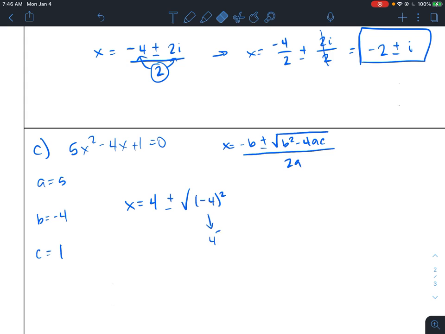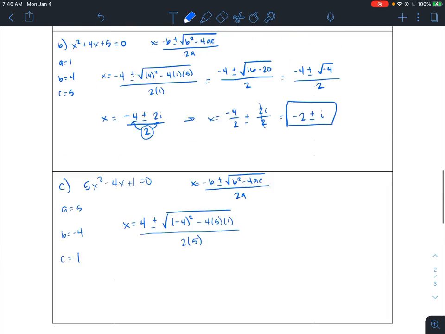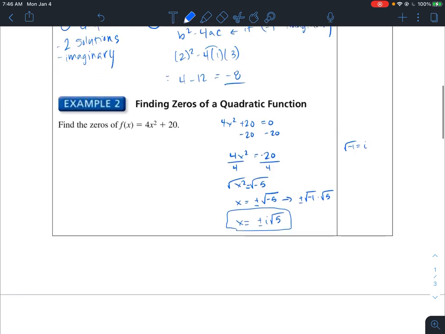So don't get confused on that part. So negative 4 squared minus 4 times a times c, all over 2 times a. So there's the setup. Go ahead, simplify the discriminant, and then try and solve for the rest. And that should be it for today, and that should be what you need to know for your homework.